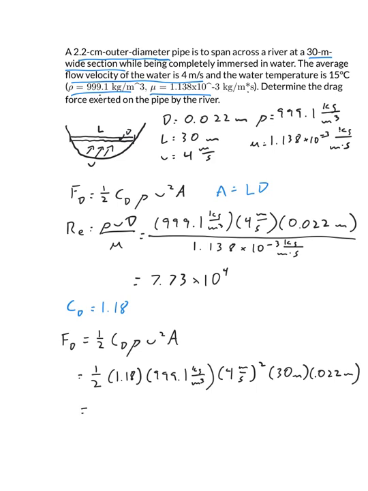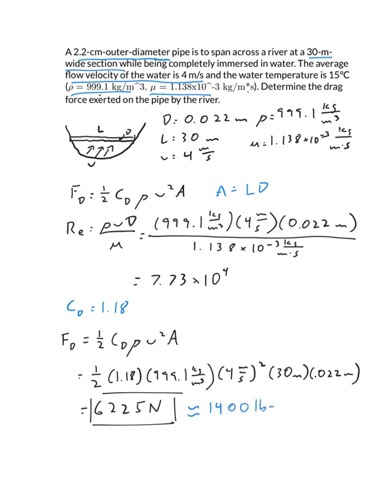I plug that in, everyone is happy and good. And at that point, we get about 6,225 newtons. And just to help your intuition along a little bit, I went ahead and converted that into pounds, and it's about 1,400 pounds force.